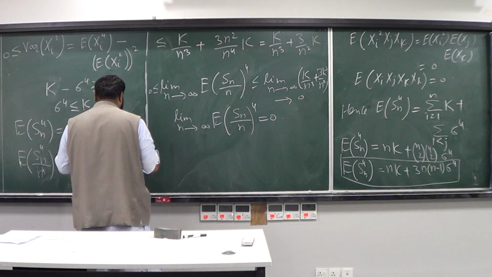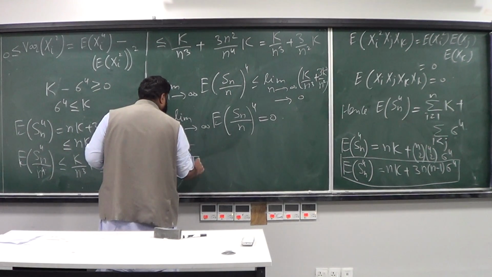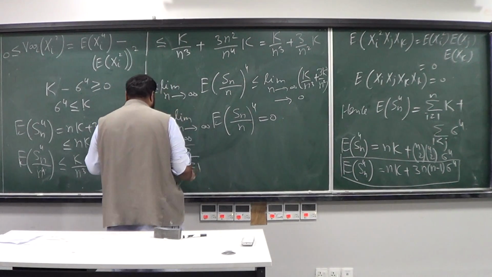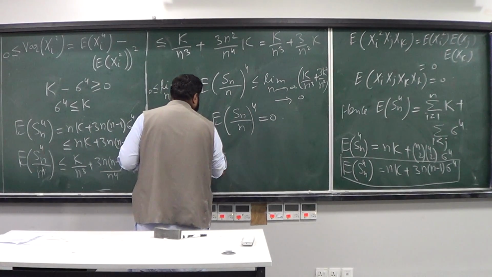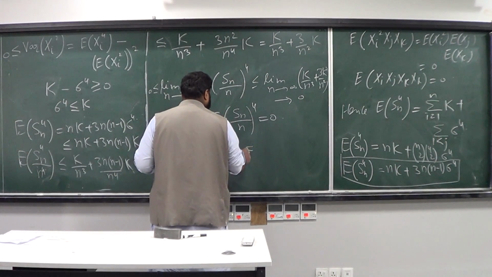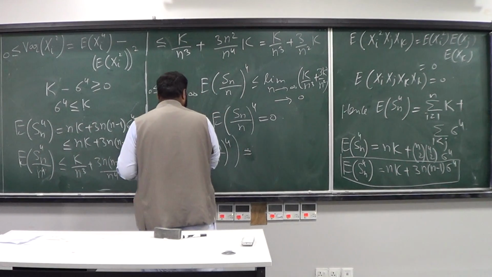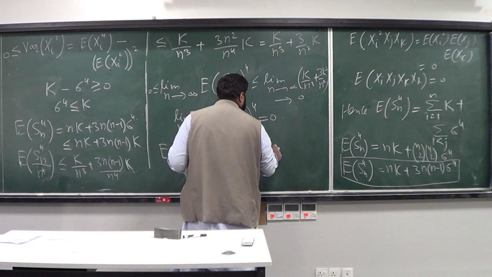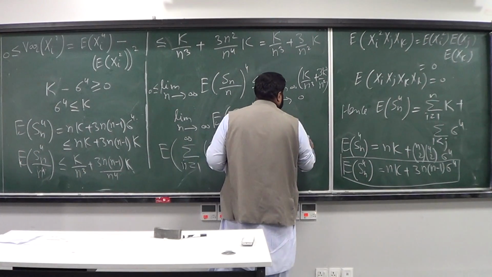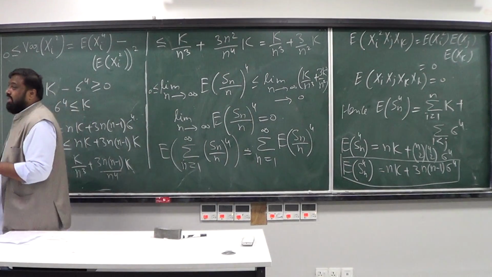Now, if I compute the expectation of the series, the sum from n equal to 1 to infinity of Sn to the power 4 over n to the power 4, since these terms are not growing, I can say that the expectation of this sum is the sum from n equal to 1 to infinity of the expectation of Sn to the power 4 over n to the power 4.